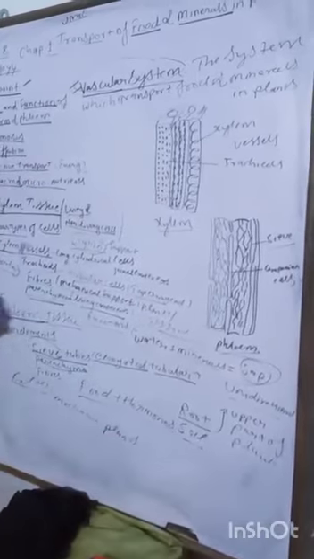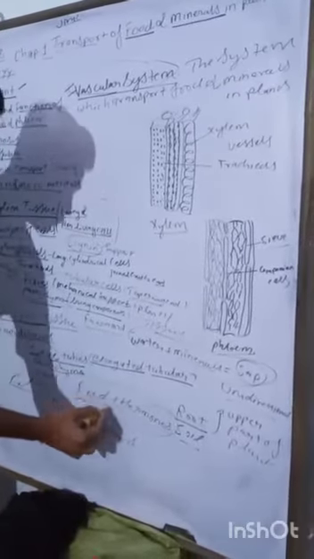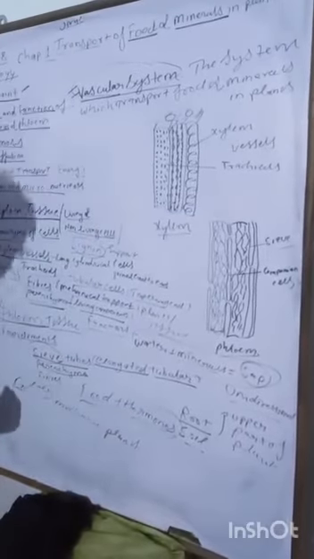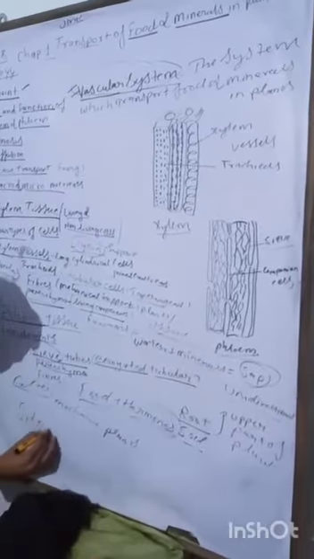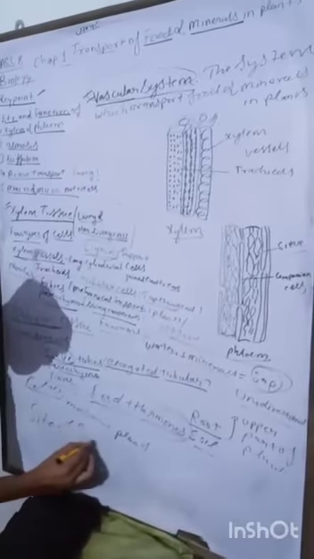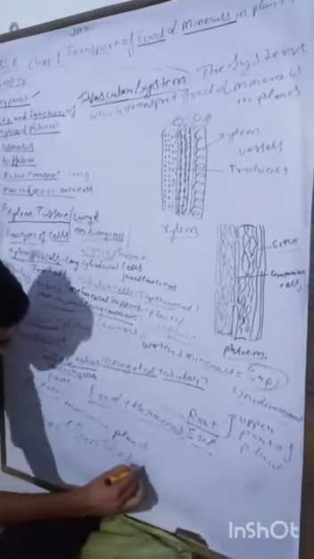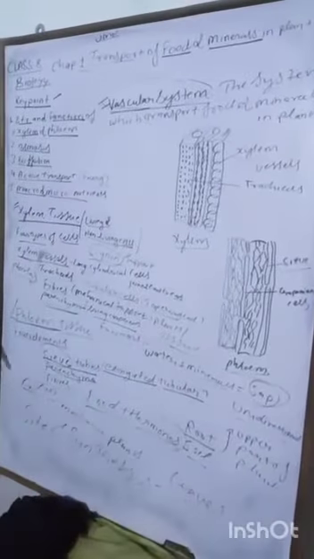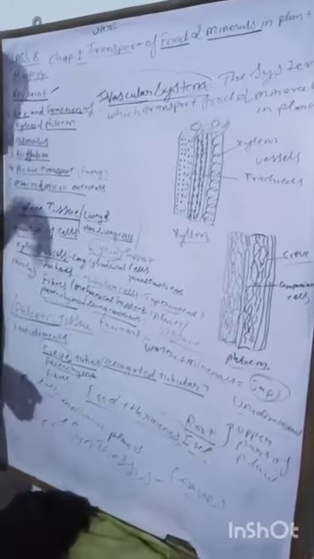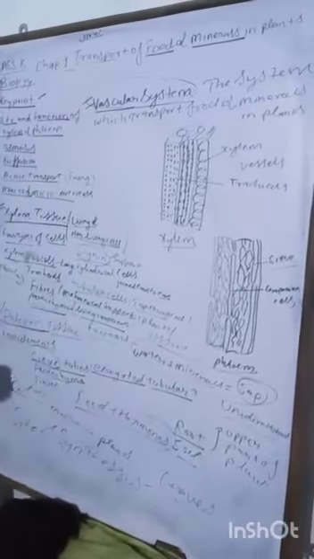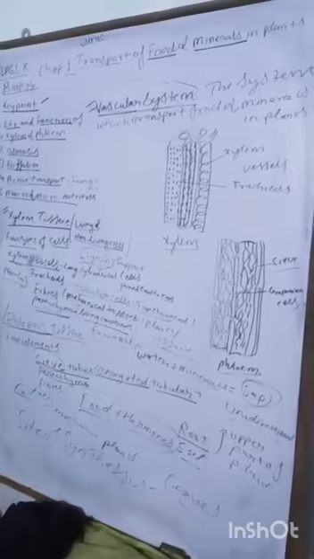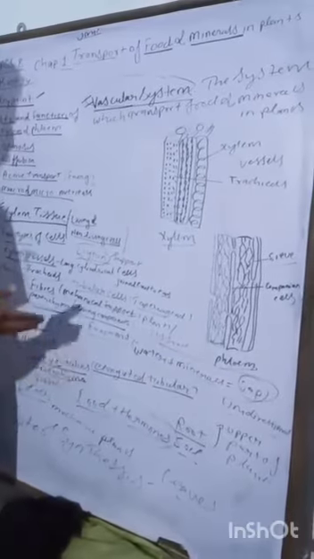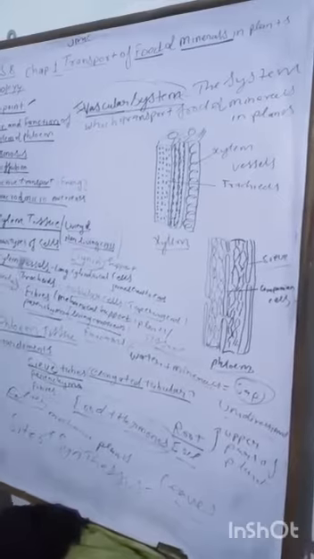Okay, and next, the function of phloem is to transport food and hormones from the site of synthesis, such as the leaves, to the other parts of plants where they are required. They transport food and hormones in both directions, upward and downward.